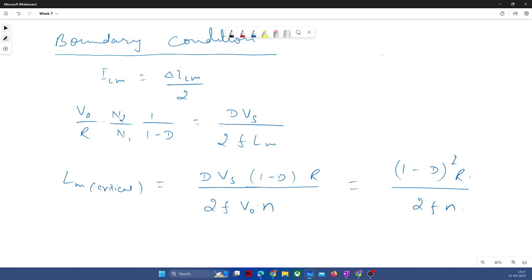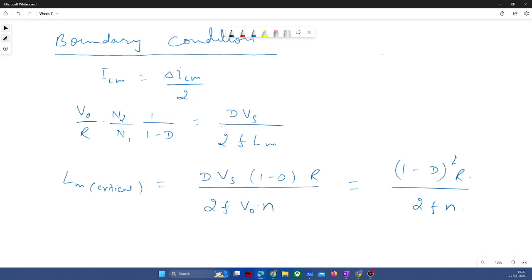Sir, this Lm is the magnetizing inductance, which is in the transformer. How to make this inductance come across the primary winding so that we can achieve critical?